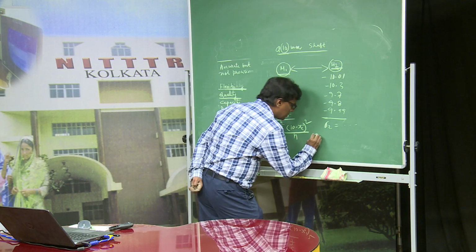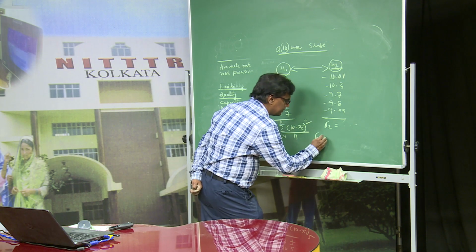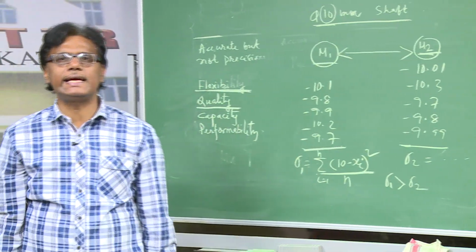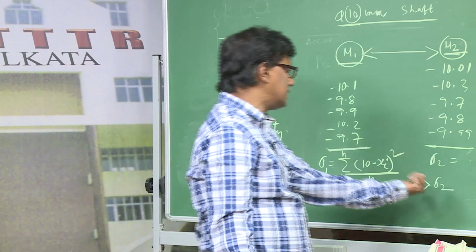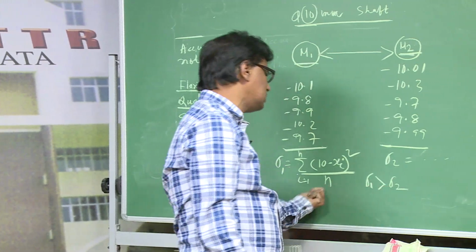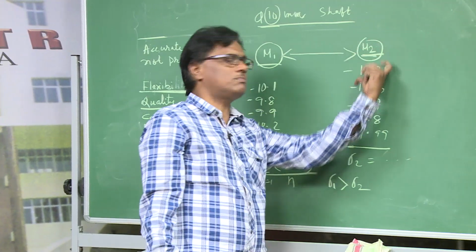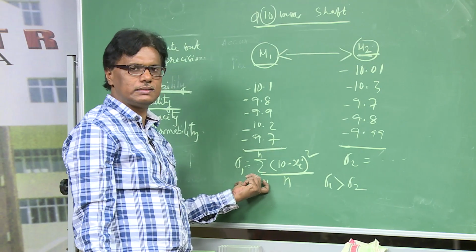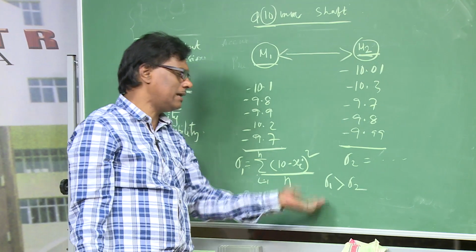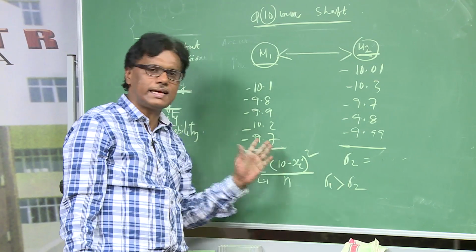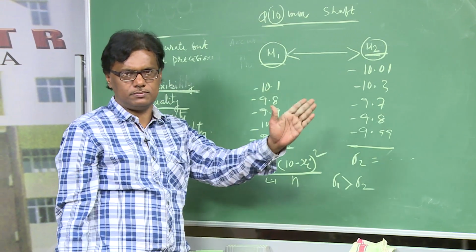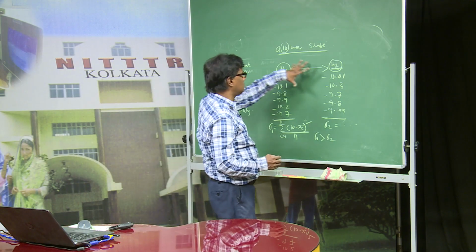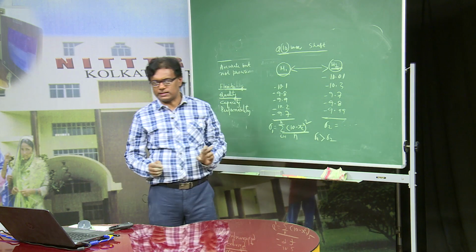Then, as this deviation is more, I can definitely tell this machining system is less accurate than this machining system, and vice versa, if it is less, then I can call it more accurate than this one. This is the quantification of accuracy of any manufacturing system.